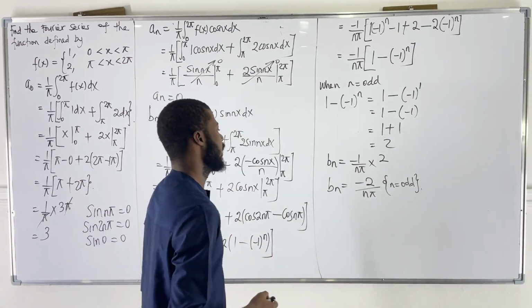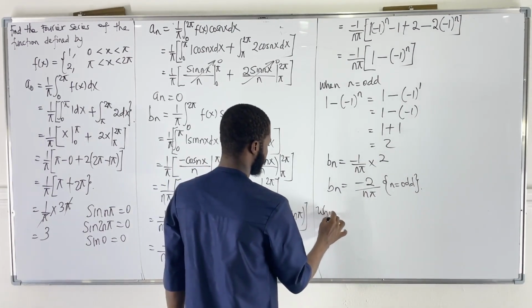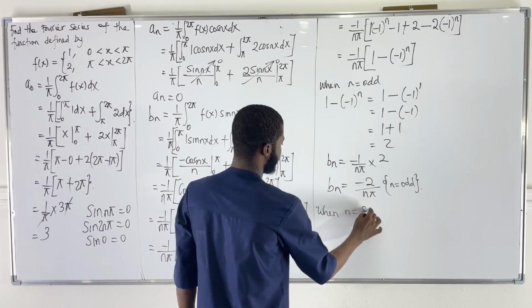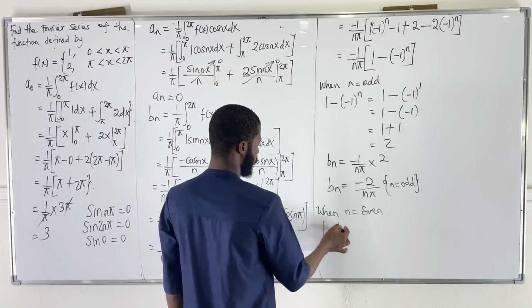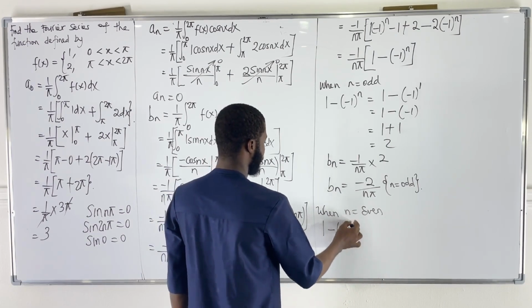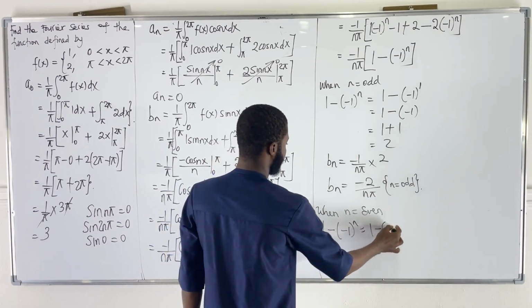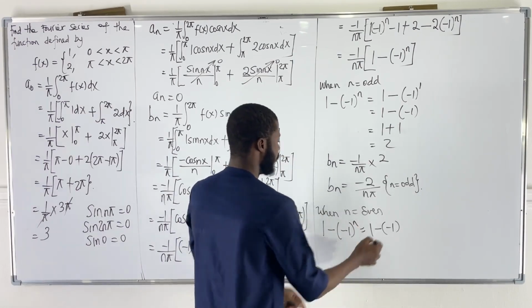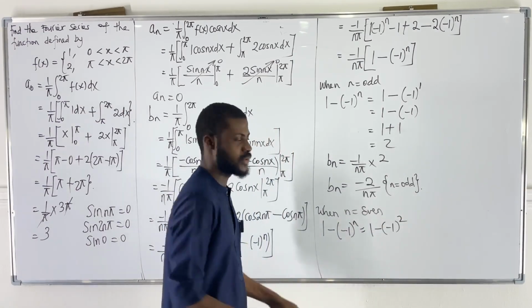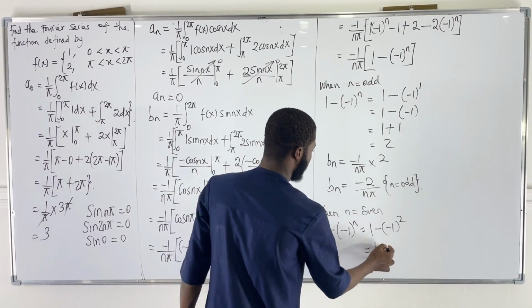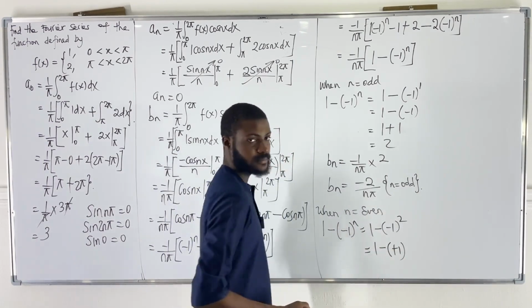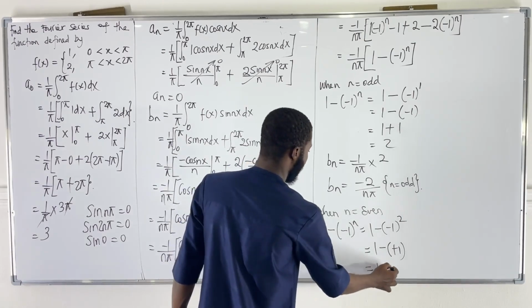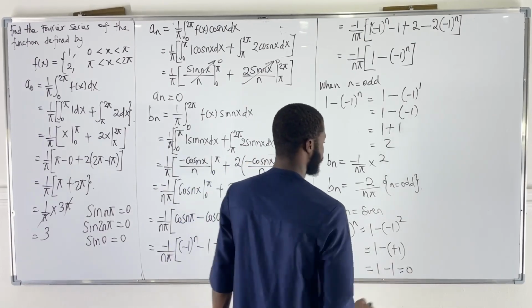Now, what would it be when n is even? So when n is even, the bracket is 1 minus (-1) to the power of n. So this is 1 minus (-1), the n value, let's say 2. Let's use square. So this is 1 minus (-1) squared, which is plus 1. And then this will be 1 minus 1, so this is 0.